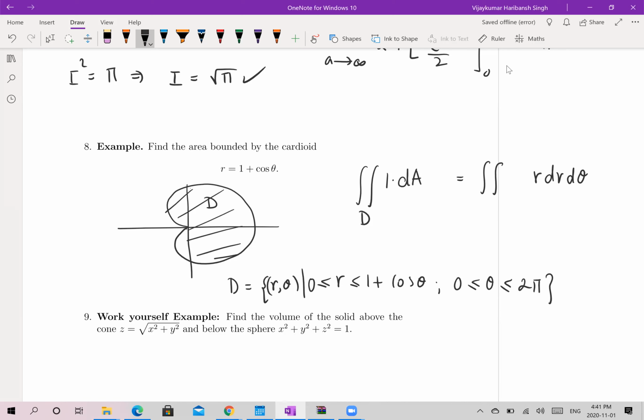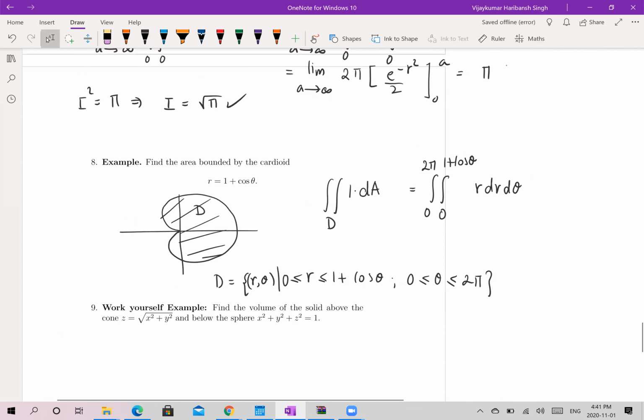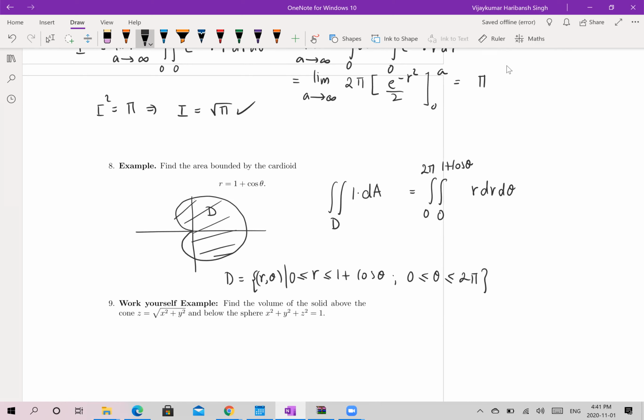Here r is going from 0 to 1 plus cos theta, and your theta is going from 0 to 2 pi. So this is our area, and this is going to be the integral from 0 to 2 pi of r square by 2, so you put (1 plus cos theta) the whole square, divided by 2, d theta. And this can be shown to be 3 pi by 2.